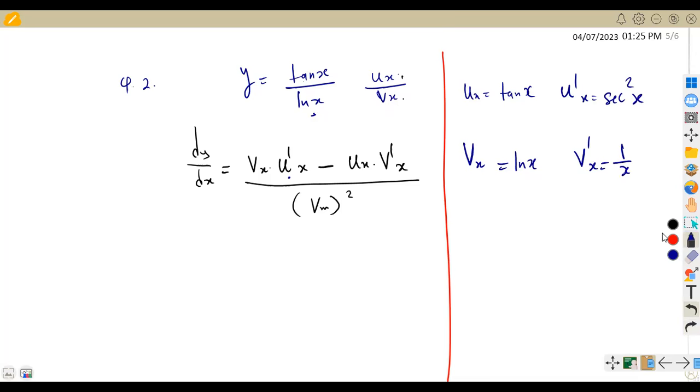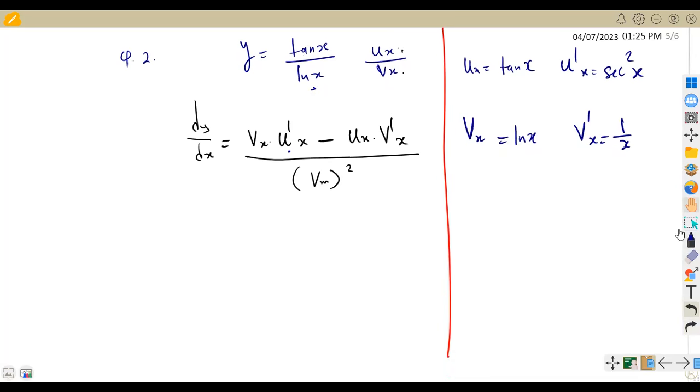So now let's combine this back to our formula for finding dy/dx from our quotient rule. It states that it's going to be v(x). Our v(x) is ln x, so that's ln x times the first derivative of u. The first derivative of u is sec squared, so this is going to be sec squared x minus u(x).